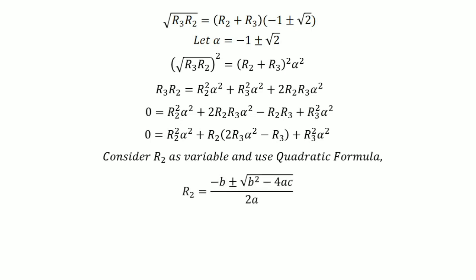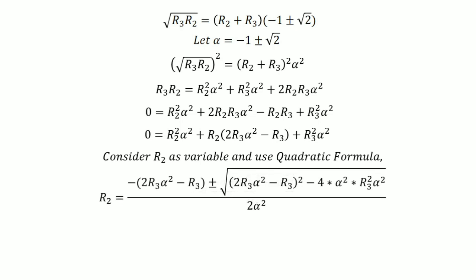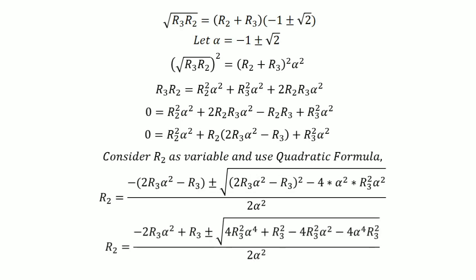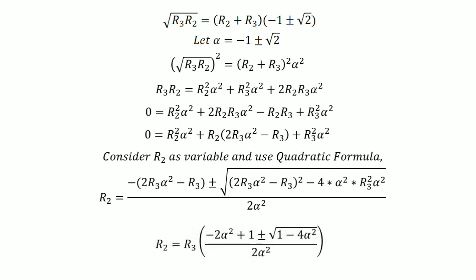So r2 is equal to this, and putting the values, r2 is equal to this, and using the a minus b whole square formula, r2 is equal to this, and cancelling them, and from the whole term taking r3 as common, we have r2 is equal to r3 times negative 2 alpha square plus 1 plus or minus under root of 1 minus 4 alpha square by 2 alpha square. And this is the value that we have to find.